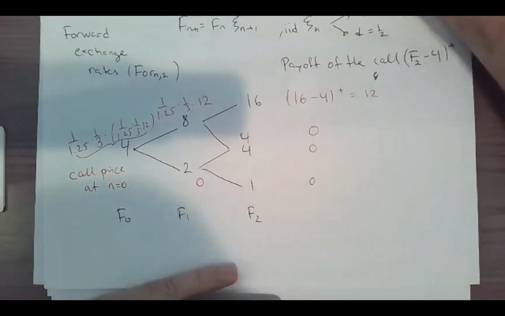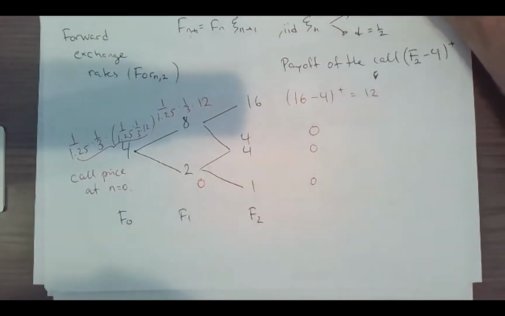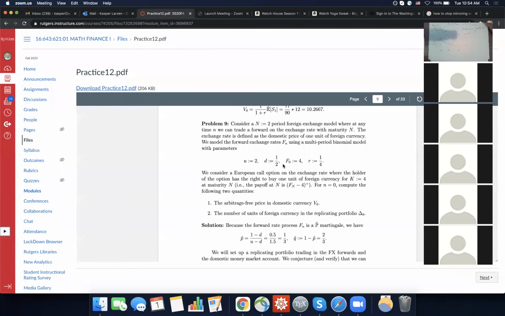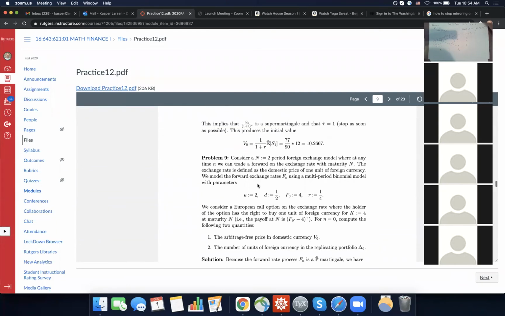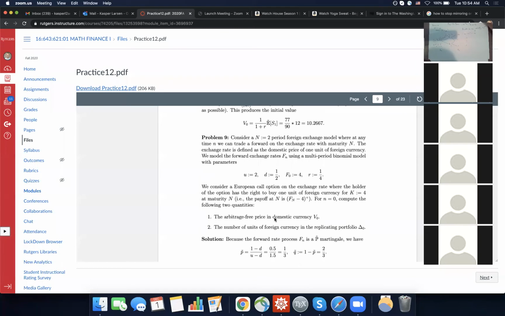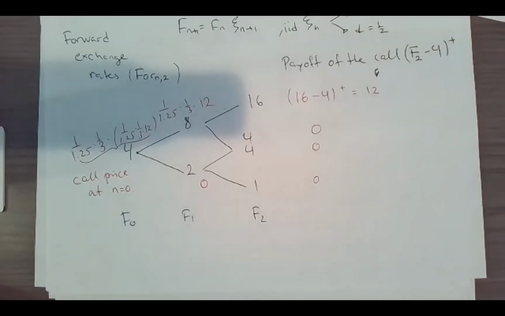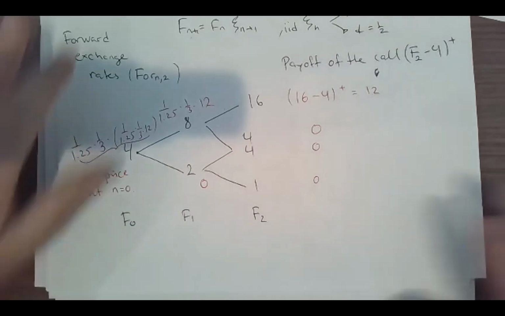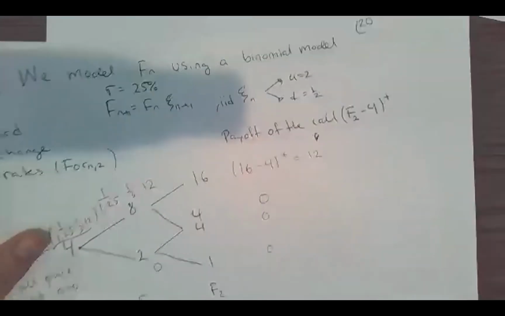There was one more question in the problem, so let me just bring it up again. This was like compute the arbitrage-free price in domestic currencies or in dollars, but it also asks about how should we trade to create this replicating portfolio. And this is a little bit trickier, so maybe I should try to spell this one out here in class. So let's see if we can figure out how to trade.